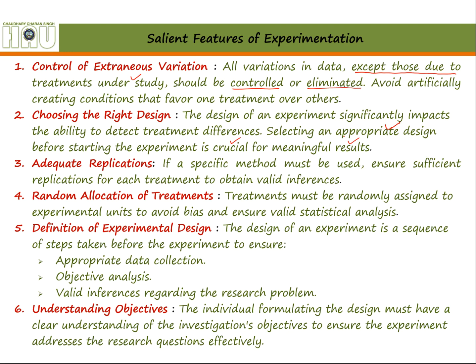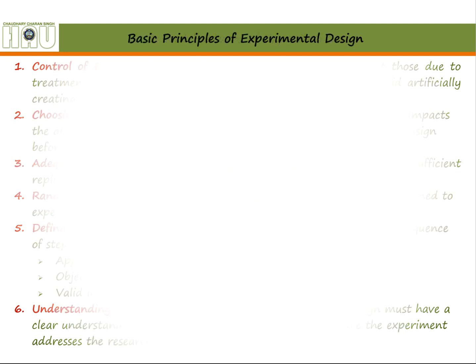Of course, selecting a design is very important. Then, random allocation of treatment is very important in order to reduce the bias. And you must have an adequate number of replications in order to get valid results, or to get the precision of the results properly. Then what are the basic principles of design of experiment?